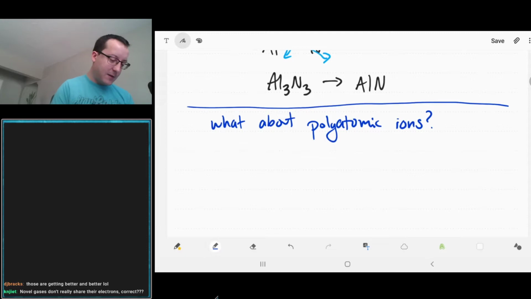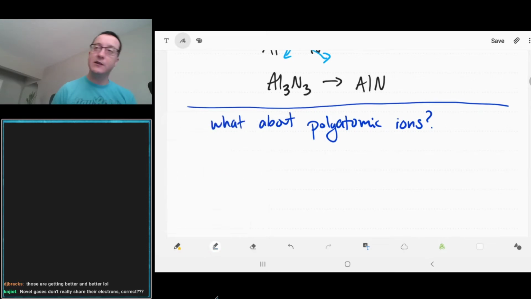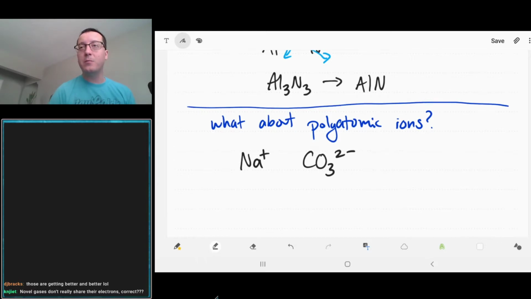Let's see what happens when we introduce polyatomic ions into this mess, as it were. Let's take, for example, this particular set of ions. Carbonate is the one on the right there. That's part of our polyatomic ion chart.